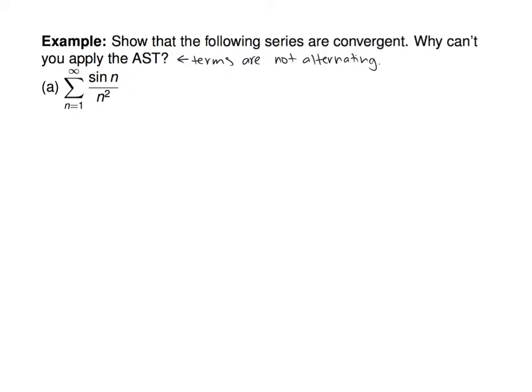But the idea is it looks a lot like a p-series, doesn't it? Do you agree with that? Because you have sine, which is at most 1, right, over n squared, so it's kind of p-series-ish, yes? So the technique to apply here will be to show this is absolutely convergent, and therefore convergent.